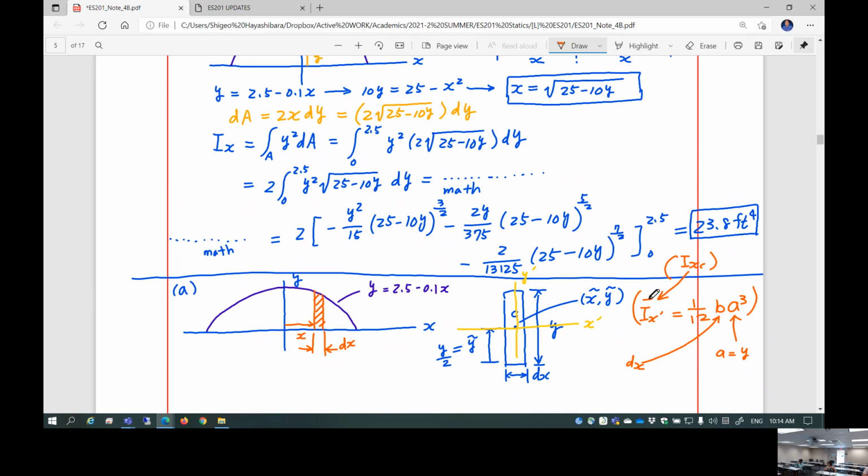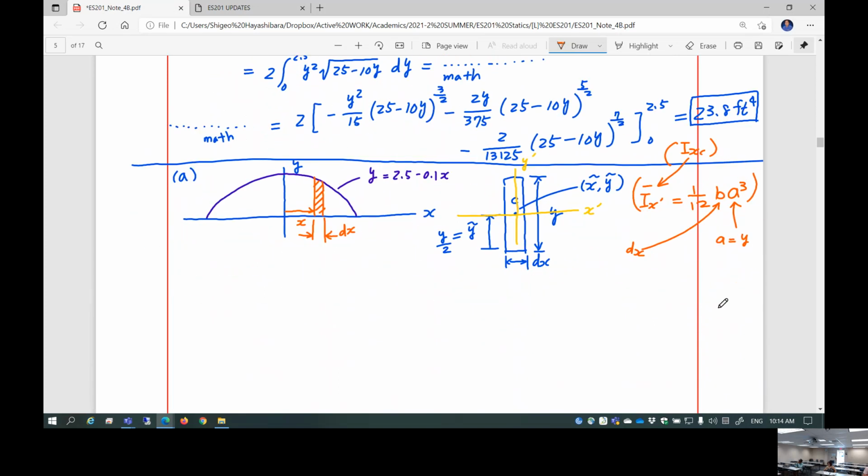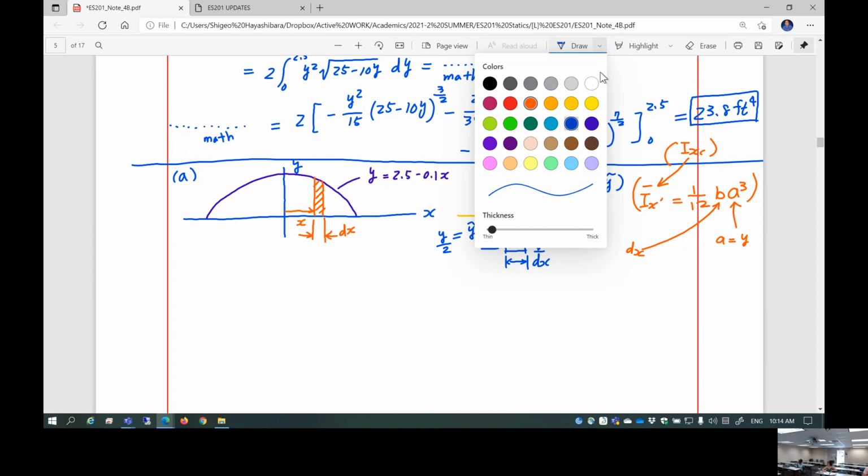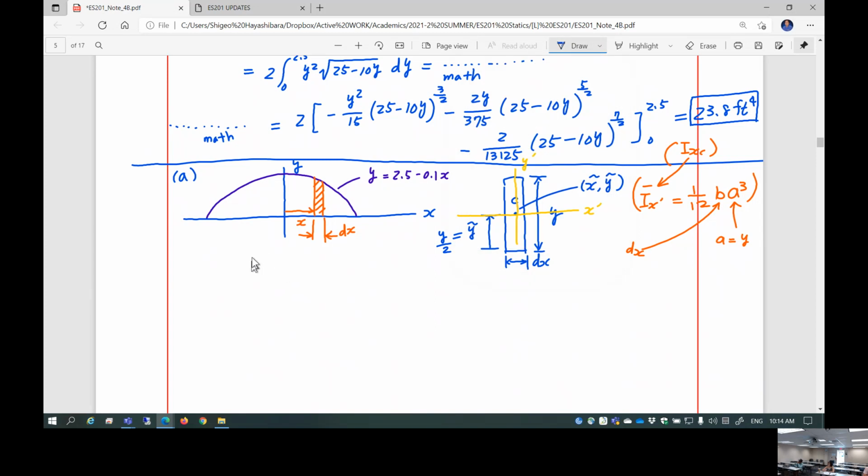Is that right? So how would you move on? You want to have dIx equal to, let's just apply the parallel axis theorem.